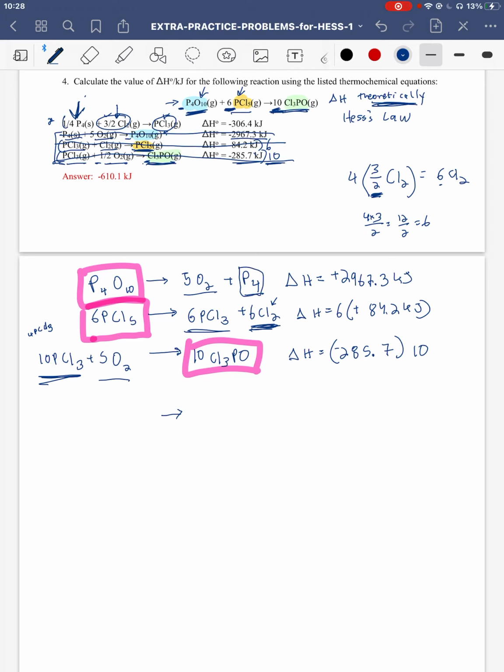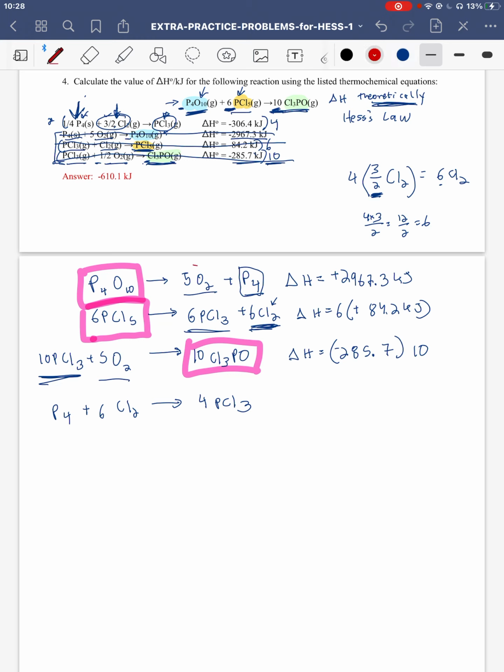It's feeling like I'm going to need to multiply this by 4. So let's try it. 4 times 1/4 P4 is just P4. Great. 4 times 3 halves Cl2, I just proved to myself, is 6 Cl2, yields 4 PCl3. All right. I'm feeling good about my canceling.